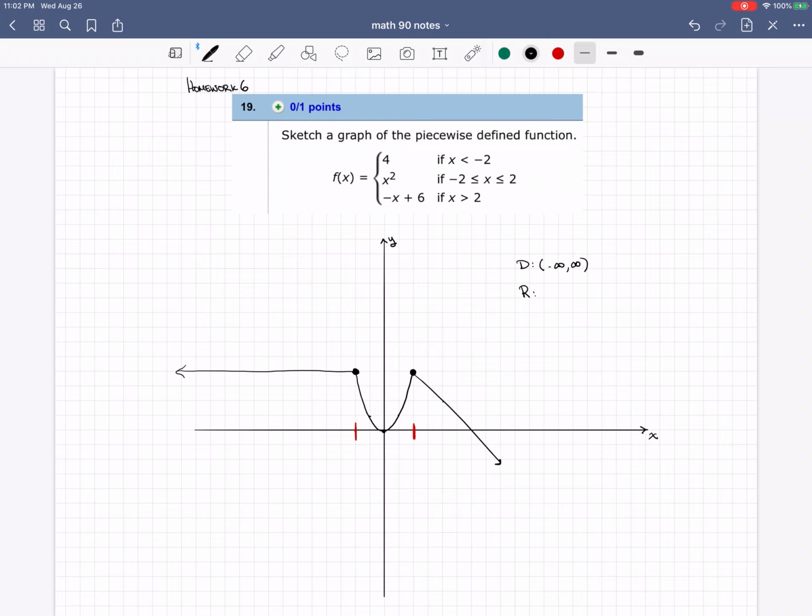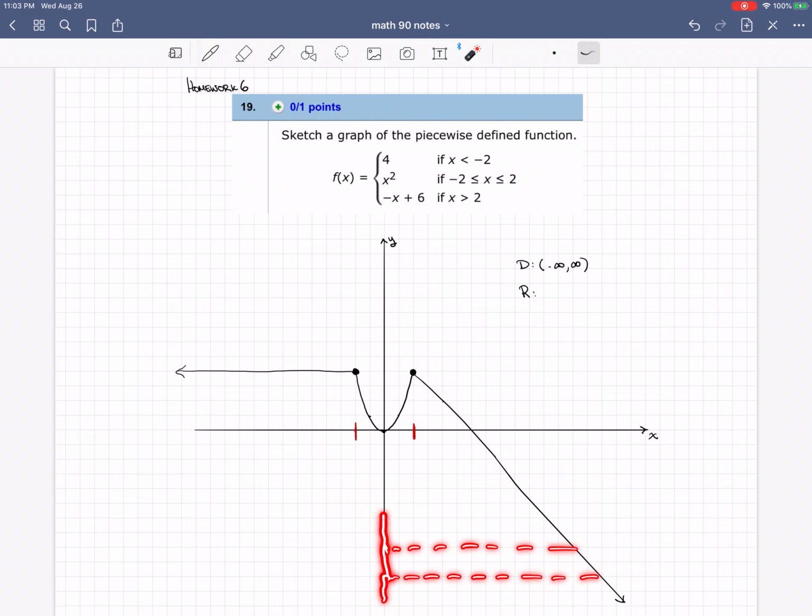Okay, now let's think about the range. So again, maybe I should do this. Rather than stopping it here and putting an arrow, maybe I should make it clear that this piece goes on forever like that, and then put the arrows on it. So looking at the range, you see any y coordinate down here, there's all these points to the right. So we're fine.